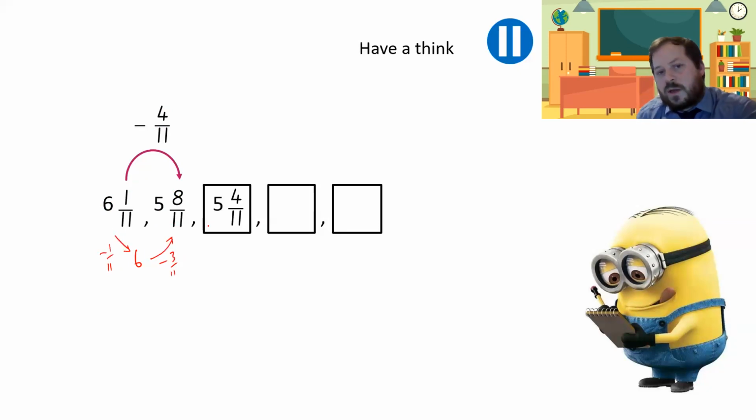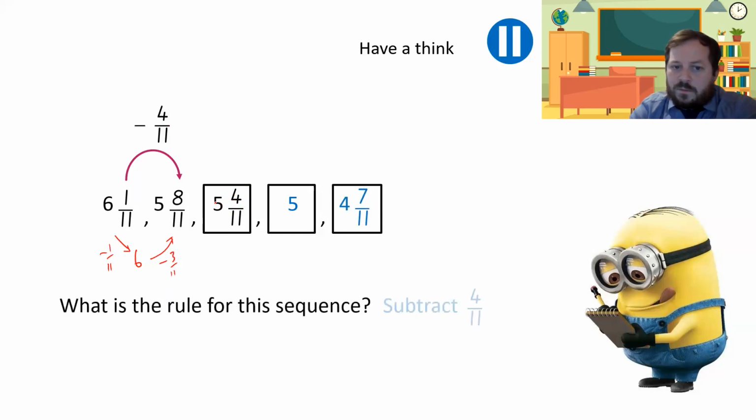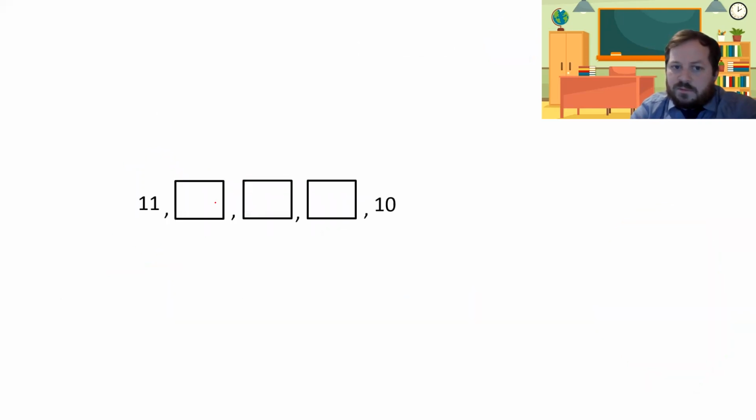See what you can do. Try it yourself. Okay, so the next one is 5, because 5 and 4/11 take away 4/11 just leaves you with the 5, nice and easy, and then we go down from that. We talked about the rule subtracting 4/11.